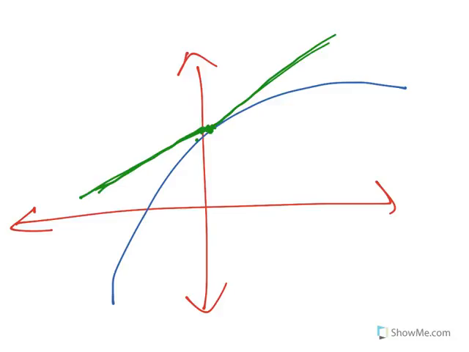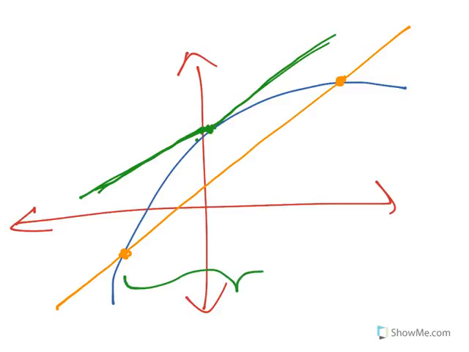So what we do is first find a secant line, for example this one that crosses the graph in two points. As you make the change in x, this is our change in x right here, smaller and smaller, you will eventually reach this point.